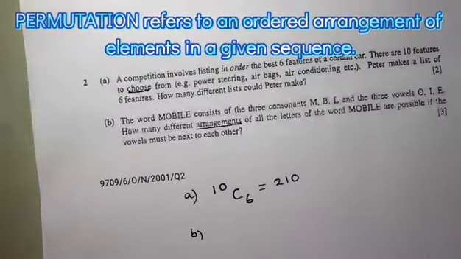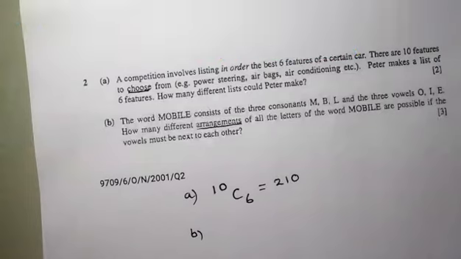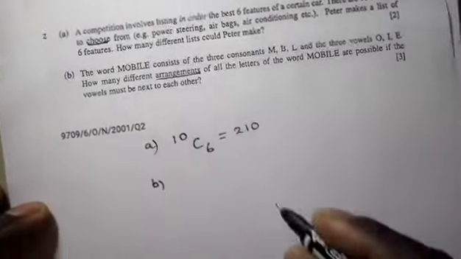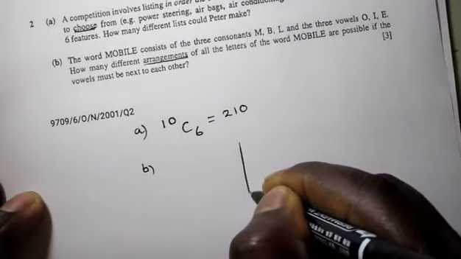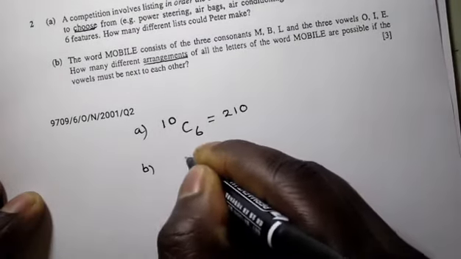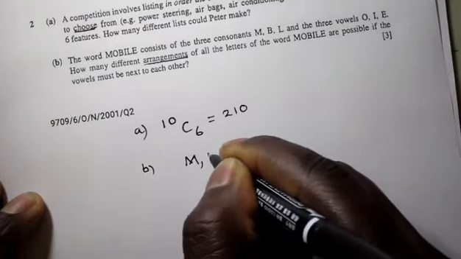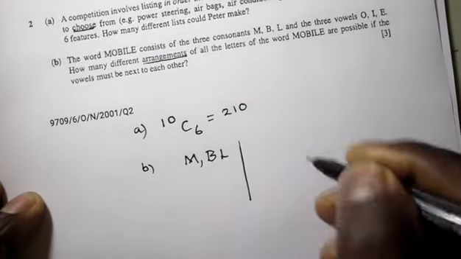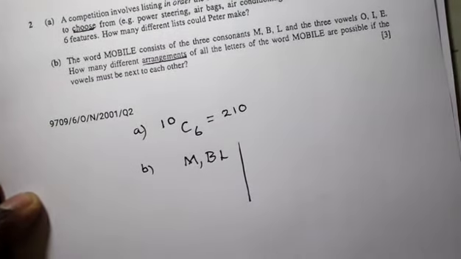Of all the letters of the word mobile are possible if vowels must be next to each other. So let us put a demarcation here. Let us put our consonants on the left side. Then vowels are next to each other.